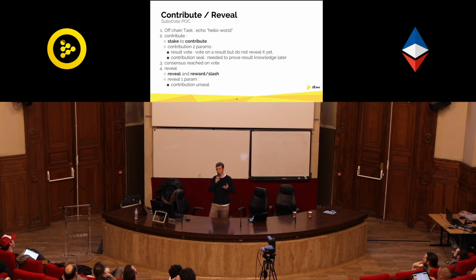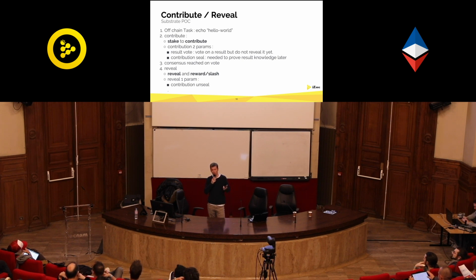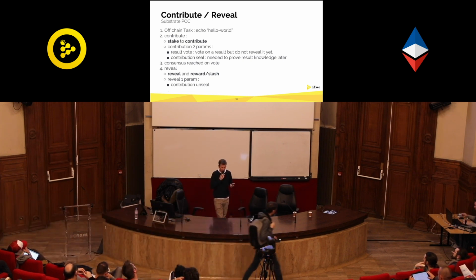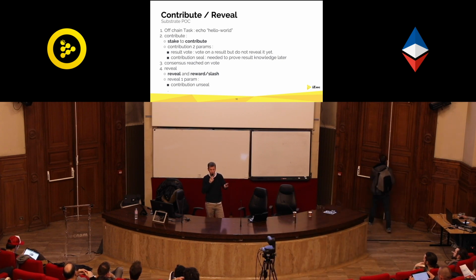So every worker contributes, and at some point there is a consensus, and that means that all workers are invited to reveal, and at this time they only provide one parameter, what we call the contribution unsealed. And when they reveal, they get rewarded or slashed according to their valid or wrong contribution to achieving this off-chain task.